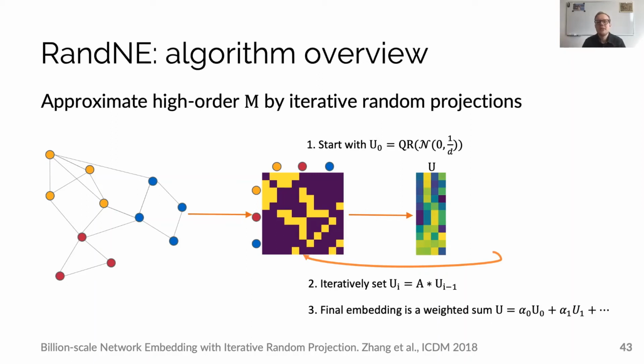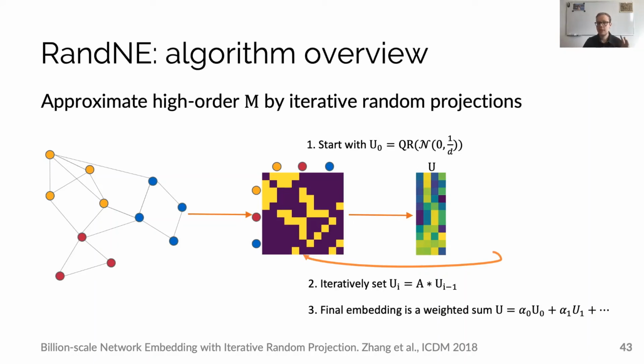We start by making a large matrix with random values, and then we orthogonalize the columns of this matrix. And then we iteratively multiply the adjacency matrix by this, and then we get higher and higher order embeddings of the matrix. And then the final embedding is a weighted sum of these things.